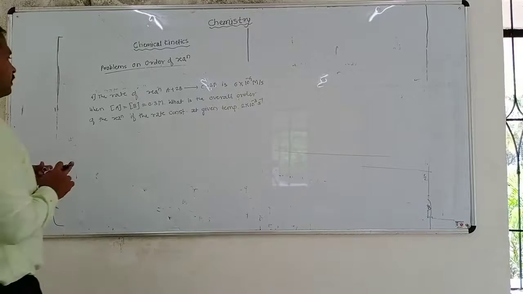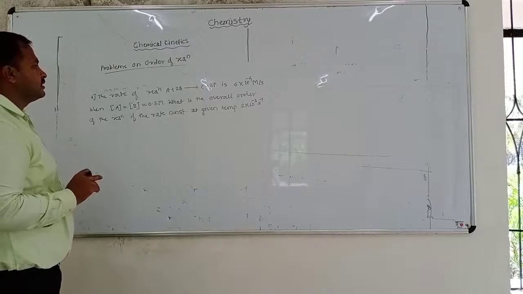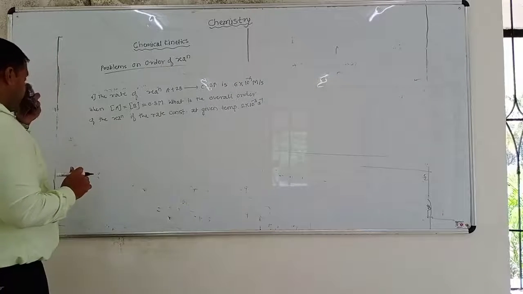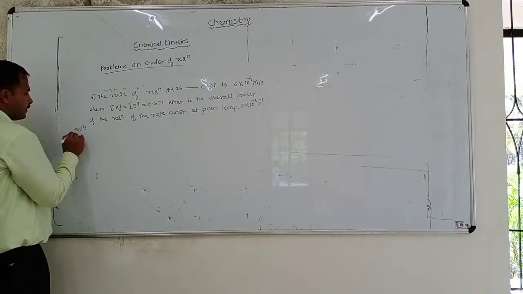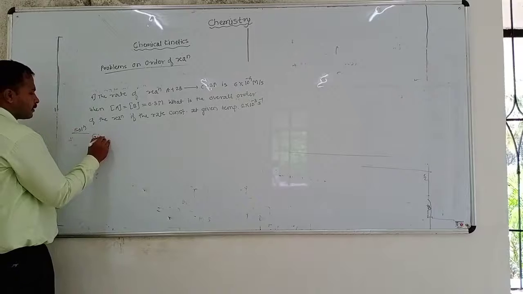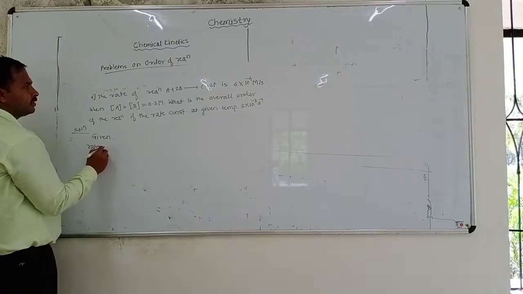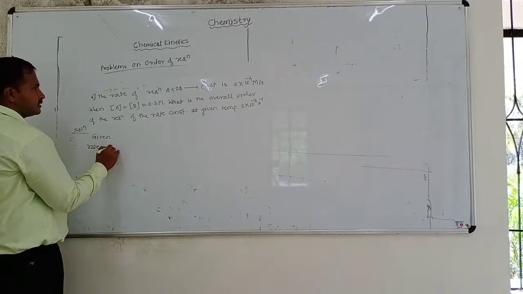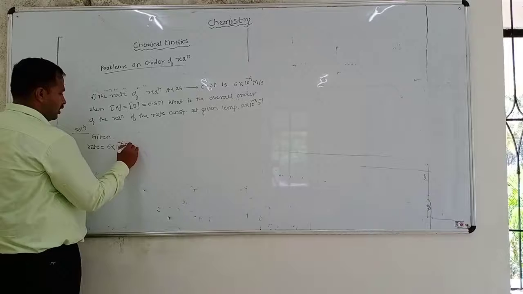See, the rate of reaction A plus B which gives C plus 2D. rate of reaction दिलेला आहे का? Solution given: R means rate is equal to 6 into 10 raised to -4 molar per second.